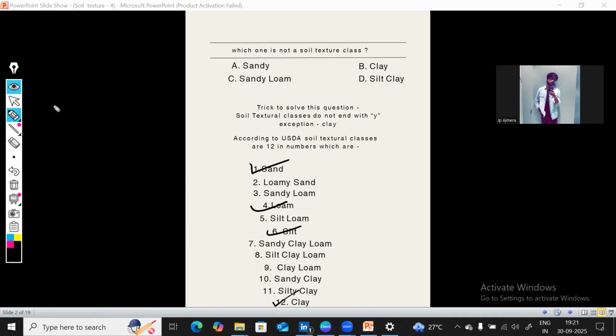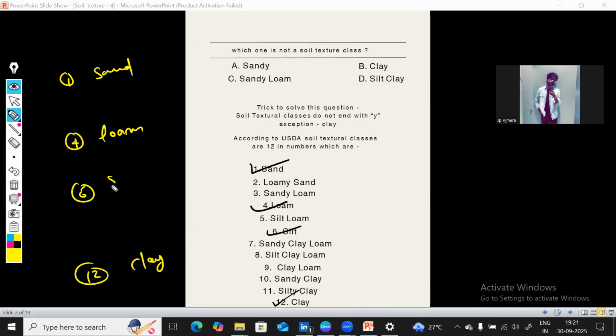We'll learn the individual parts first. Sand is always the first in the classification. Clay is the last one. Then we have the 4th number, that is loam. Then we have the 6th number, that is silt.